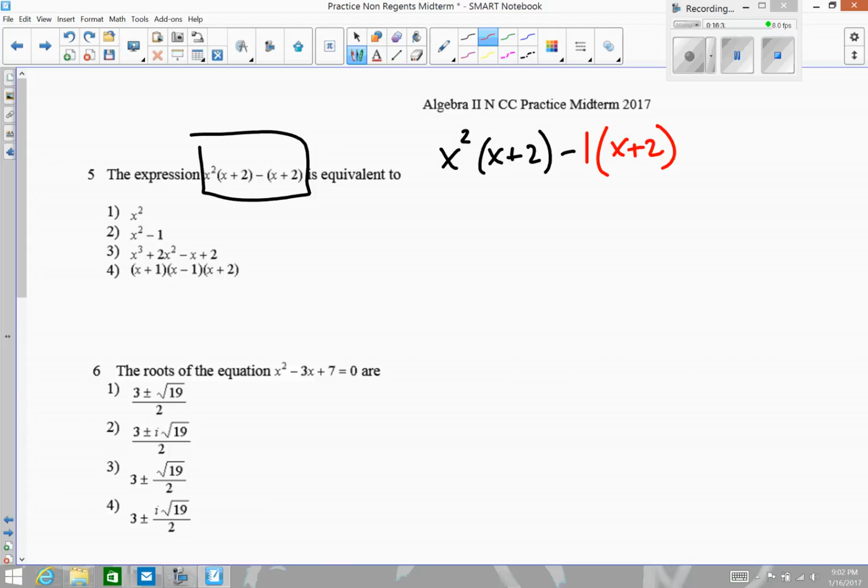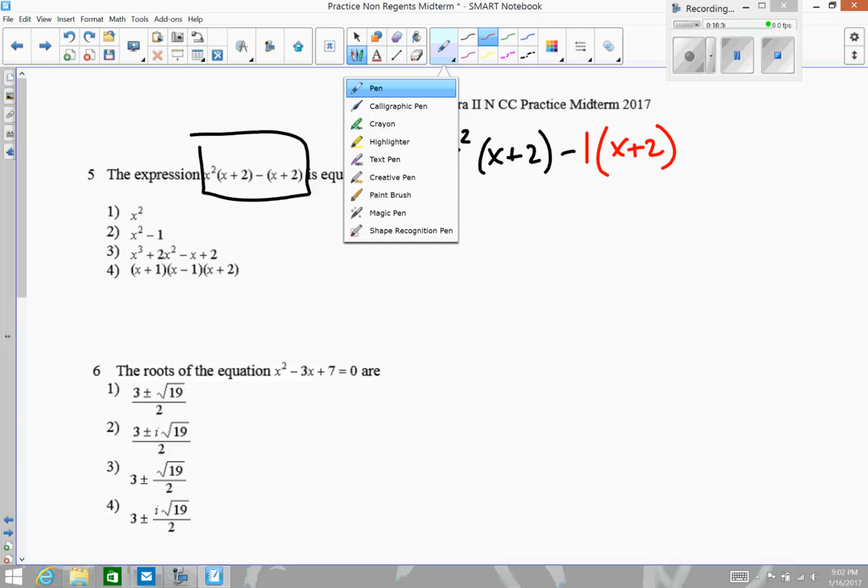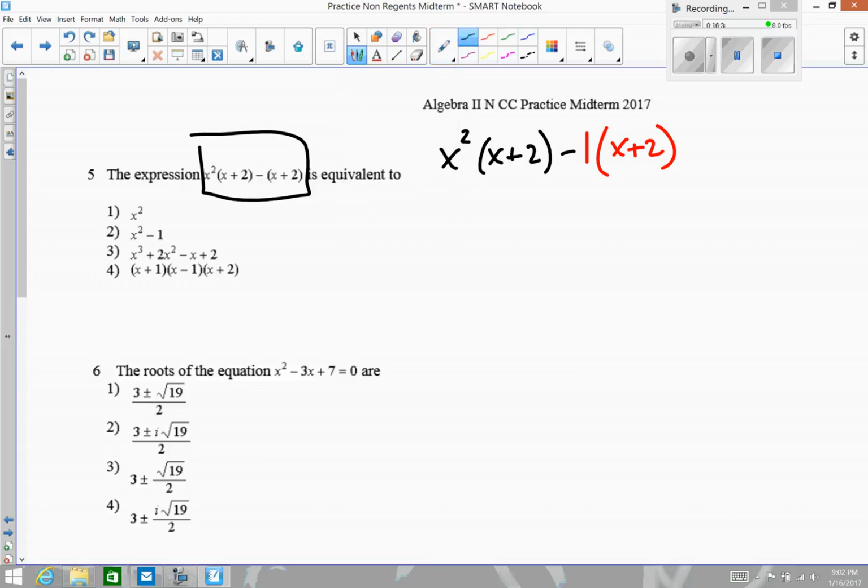Same thing as we have originally, only we're putting that 1 in. And so now you can see that we have common binomials here. So I can write that one down. This is part of the process that you do when you are factoring four terms.